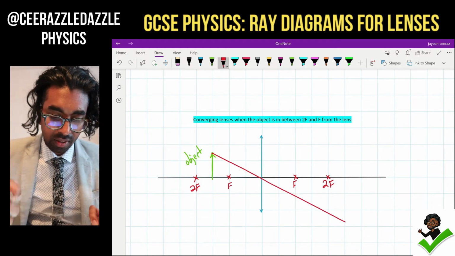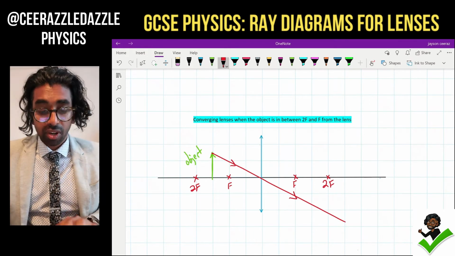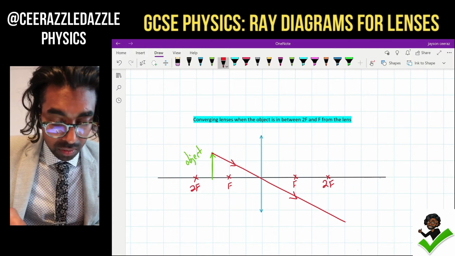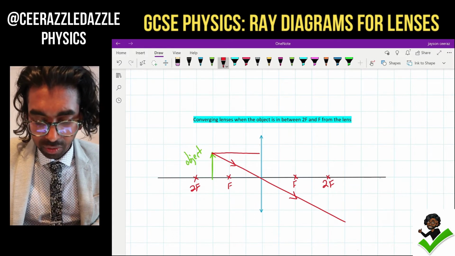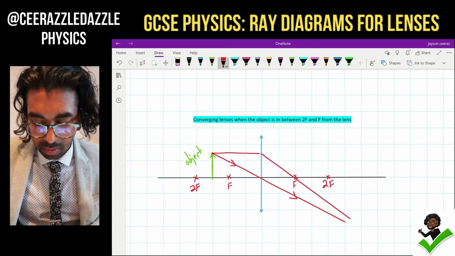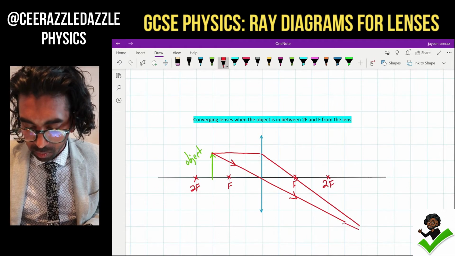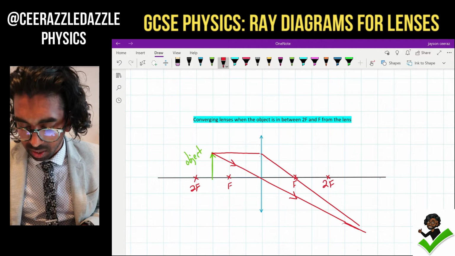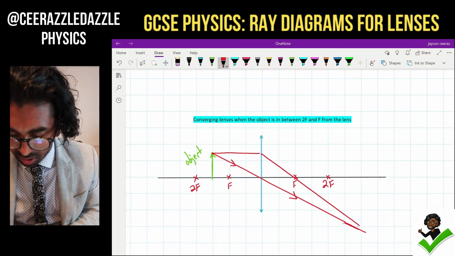Next, a ray going horizontally across, hitting the lens, and now going through F. I have to extend both of them, I didn't draw them far enough. When you're doing this in GCSE, take your time. There's no rush.